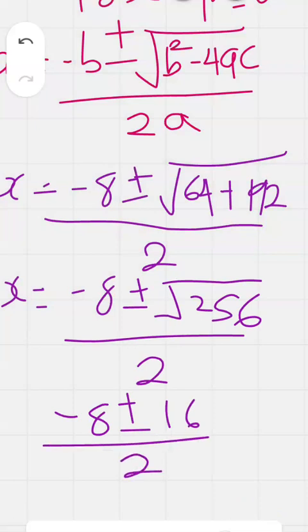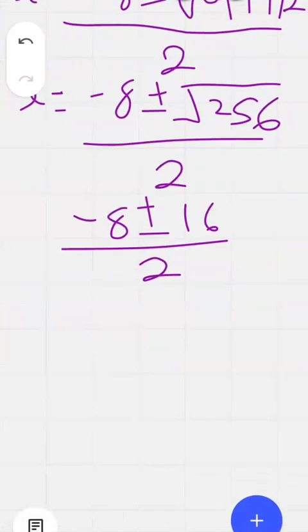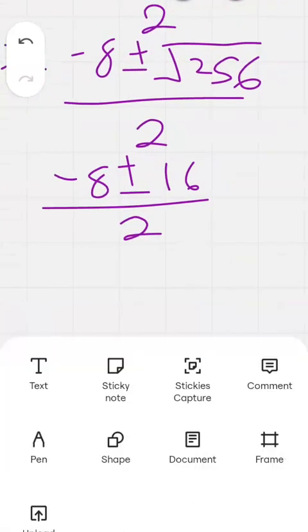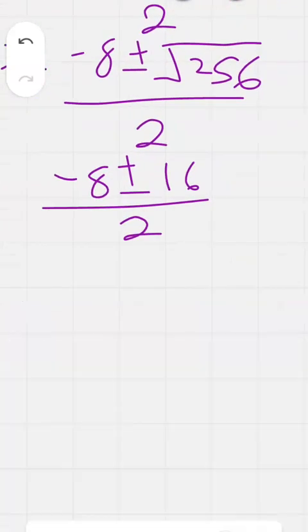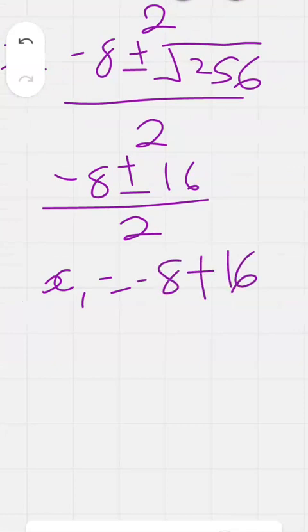You see, this one is very quick. So when we have plus or minus 16 over 2, we start with one sign at a time. When we start with positive, x1 will be equal to negative 8 plus 16 over 2. Negative 8 plus 16 is 8, 8 over 2 is 4.